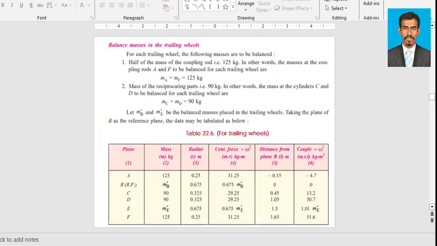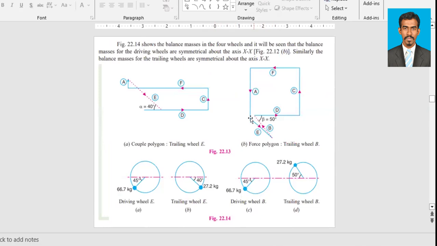So which means we have drawn this one, it's done, this one done, this one done, this one done. So which means we have left with only one unknown value. All right. So we'll complete this force polygon by drawing a line which joins the starting point and the ending point. Right. So we'll join like this. All right. So from here, by measuring with the protractor, you will find this angle beta is equal to 50.